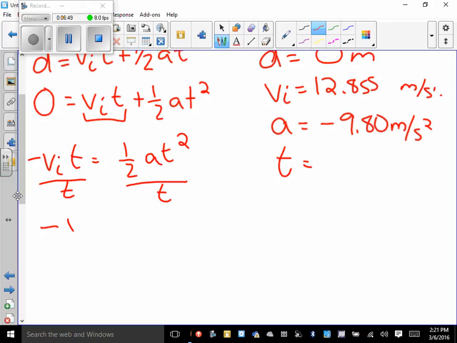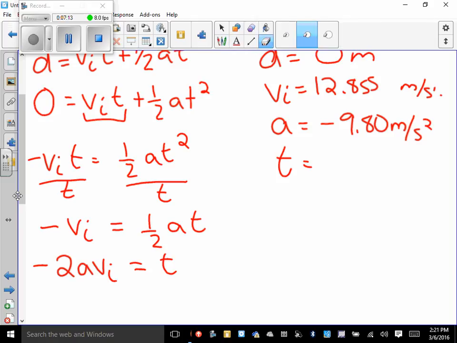So I would get negative v initial equals 1/2 a t, because time squared divided by time. I'm still trying to get time by itself, so I'm going to multiply both sides by 2, to get rid of the half, and then divide by a.